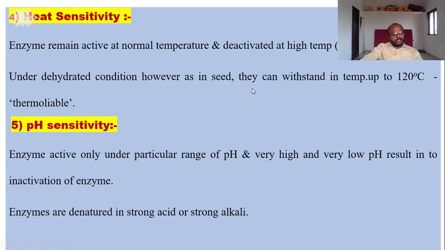Next one is heat sensitivity. Enzymes remain active at normal temperature, and they are deactivated at high temperature, about 60 to 70 degrees Celsius. Under dehydrated conditions, for example in the seed and the spore, the enzymes are present in an inactive stage, that means they are unhydrated, and therefore they withstand up to 120 degrees Celsius.